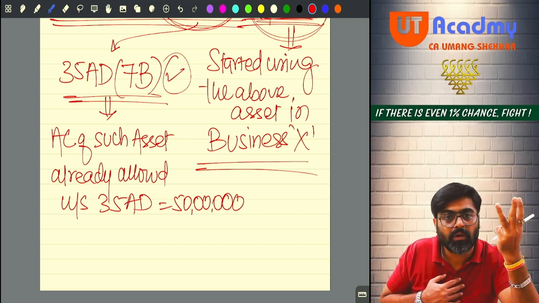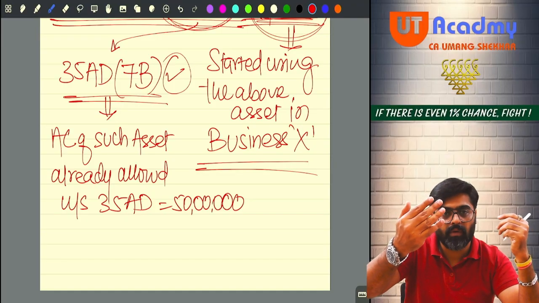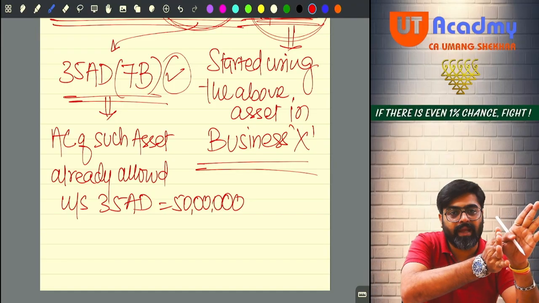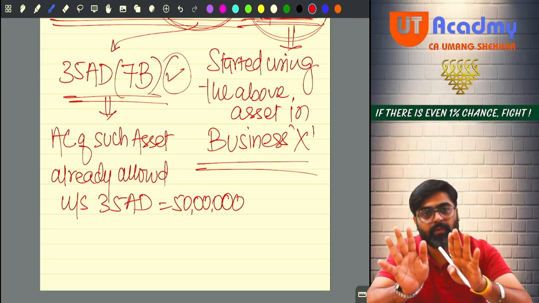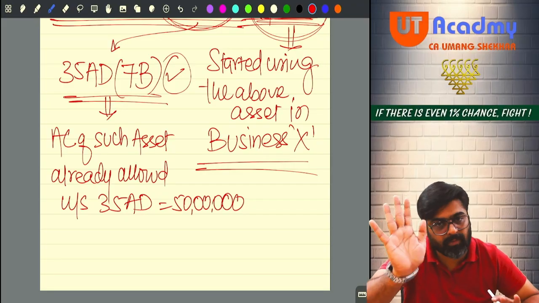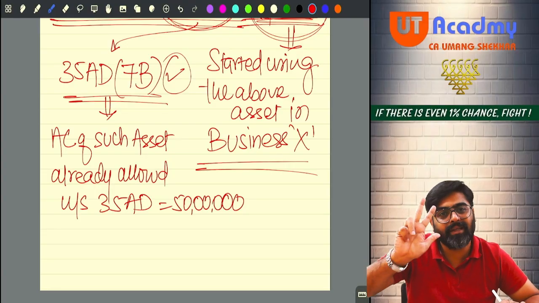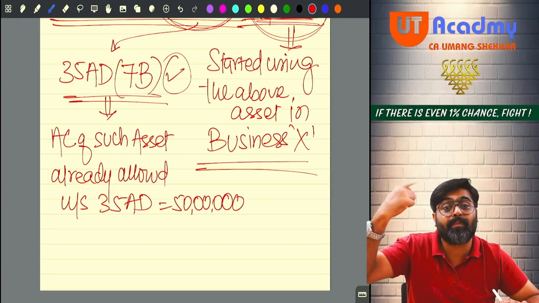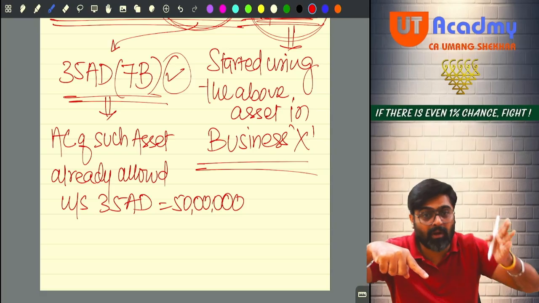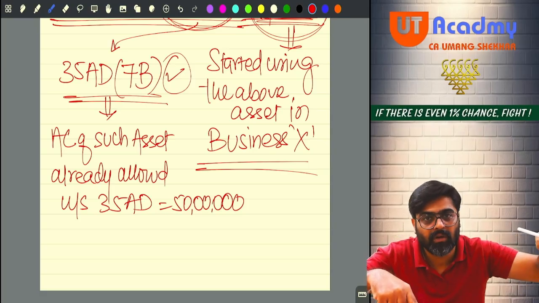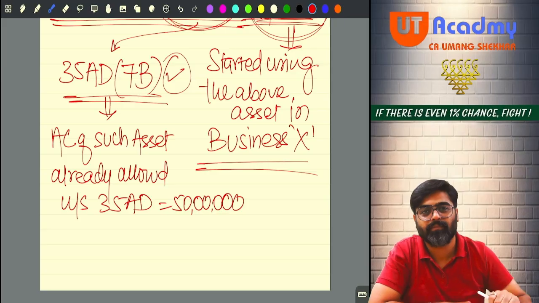3 years, no? Prior to 24-25, when it was brought to business X, till 23-24 it was used in specified business from 21-22, 22-23 and 23-24. These 3 years, we would have given the depreciation out of 50 lakhs. We would have allowed some cost in the form of depreciation. Reduce that amount.